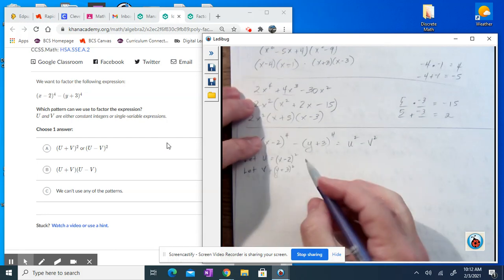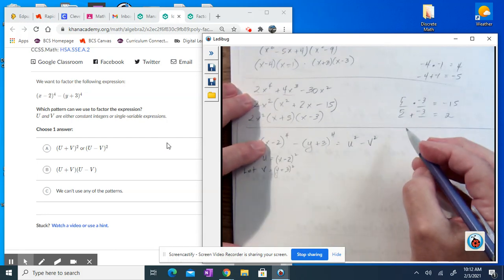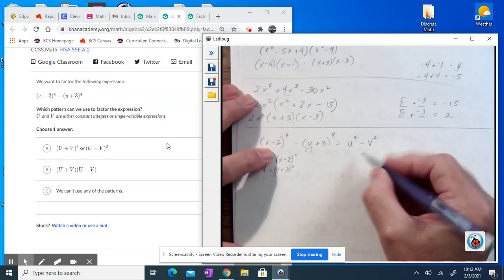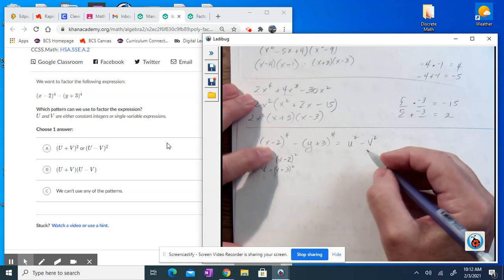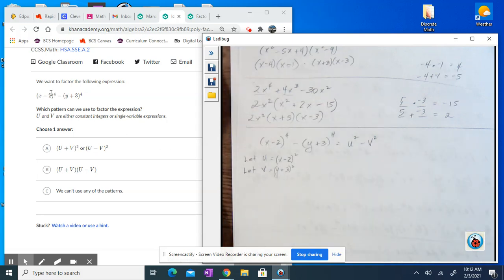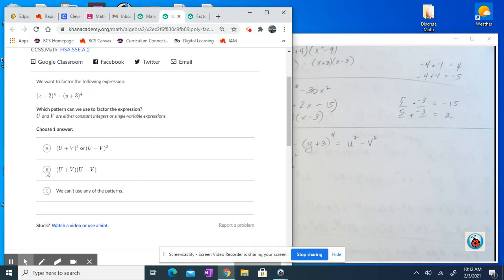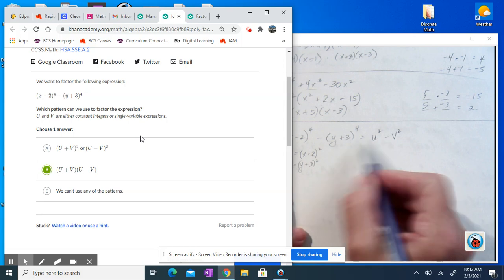So what I'm looking at is, let's see, which pattern can we use to factor these expressions? I think we could do that, right? Because this is a difference of squares.